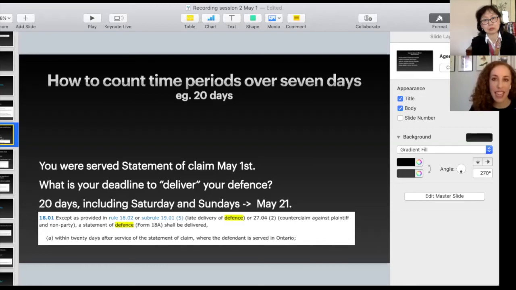With 20 days, the date that you were served with the claim, you have 20 days to serve and file your defense. So when you're counting those 20 days, you would not include the day that you were served with it. You would count 20 days after that. Okay. And so it would be May 21st. Okay. That you would have to serve and file your defense by.